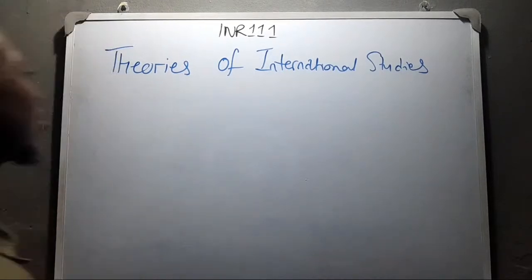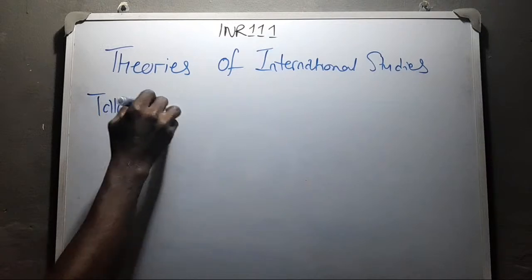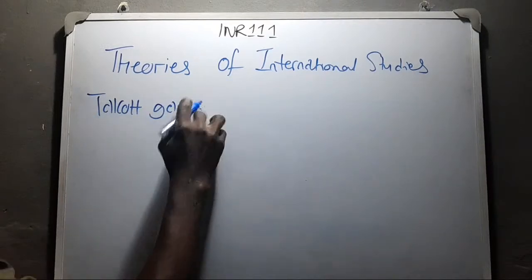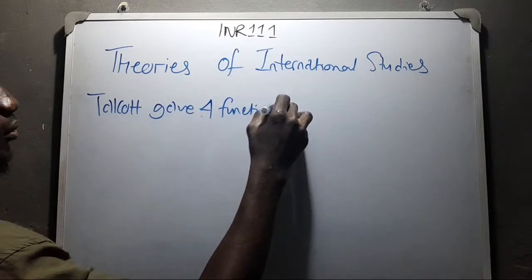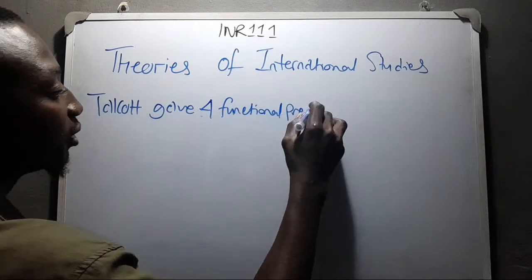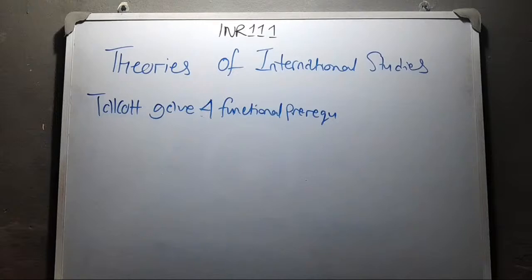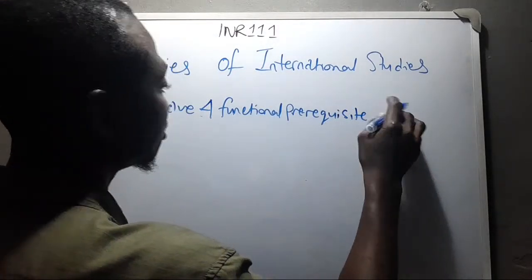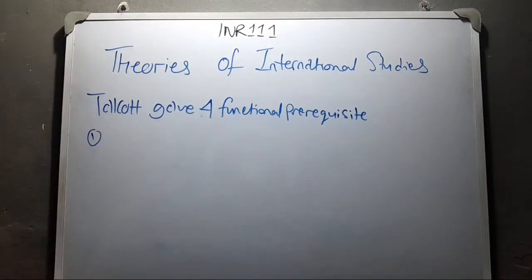So Talcott gave four functional prerequisites for societal equilibrium.